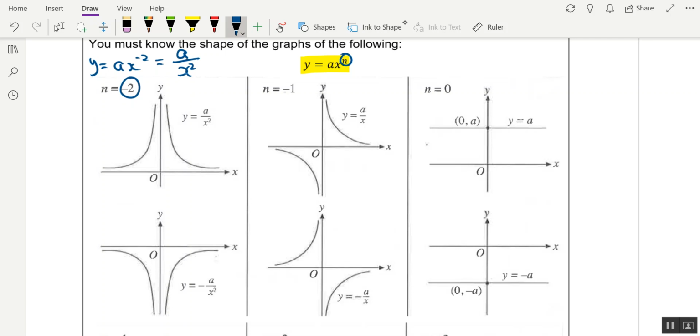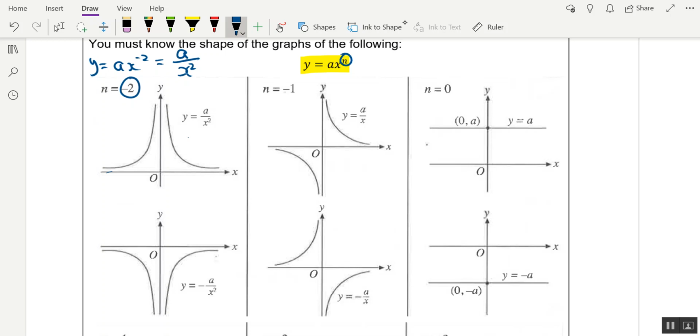So for a over x squared, you need to know that it is a reciprocal. This is called a reciprocal graph. That means when x increases, y decreases. This is called the first quadrant, and then the second quadrant. If you put a negative sign in front, then you will flip it to the negative y-axis.